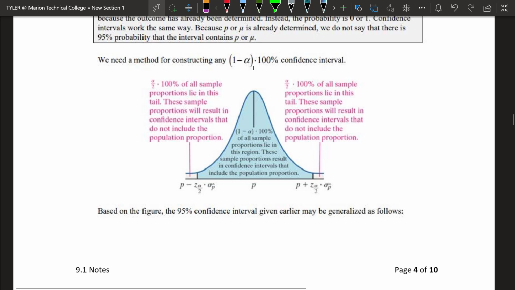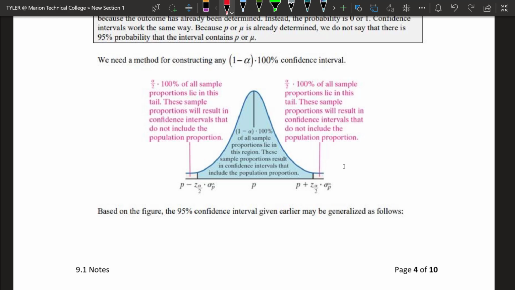In the center we still have p, and then over here we have p minus z sub alpha divided by 2 times sigma p hat, and then p plus z sub alpha divided by 2 times sigma p hat. Before, this number was 1.96, because that was equal to z sub 0.025, the critical value that has 2.5% of the area to the right of that value.